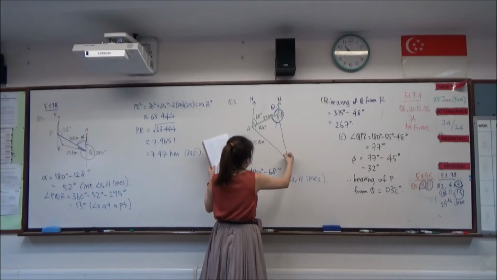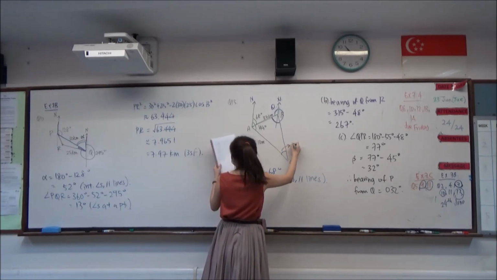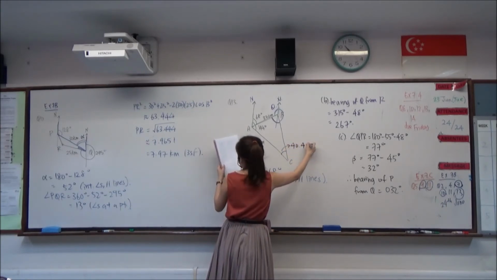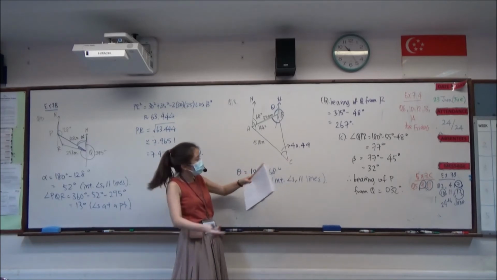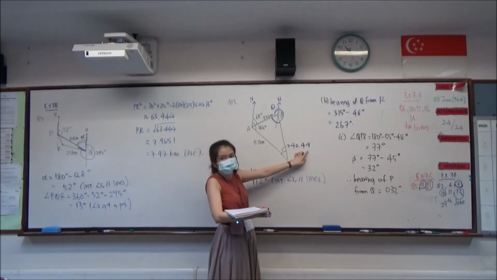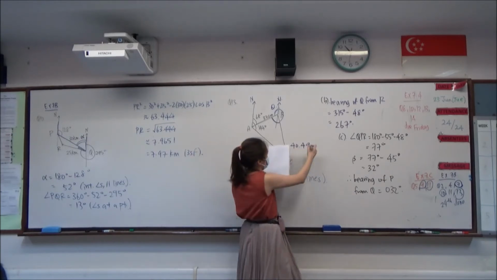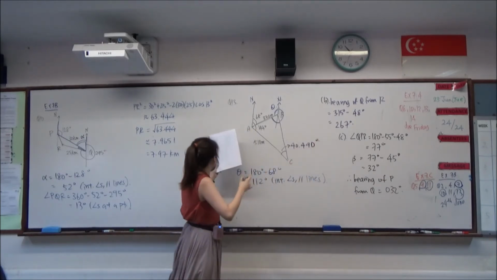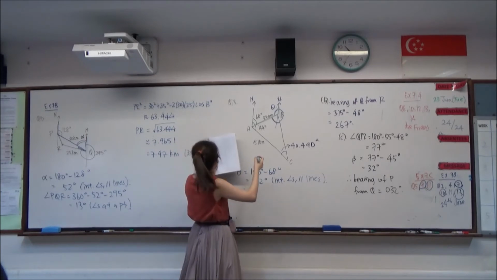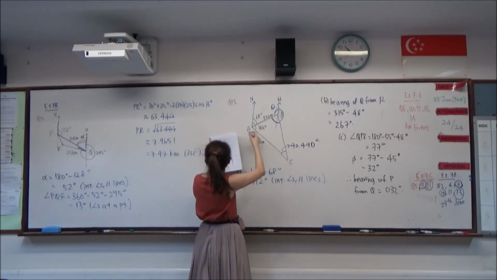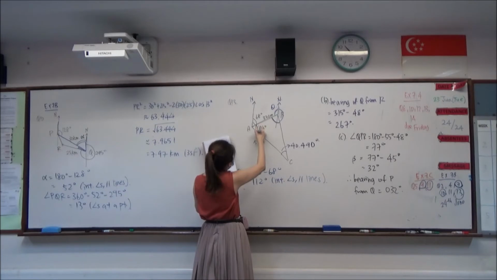Angle ACB was supposed to be 40.49. Can someone give me better accuracy? 40.490, okay, thank you. Then in part 1, I found angle CAB is 76 degrees.